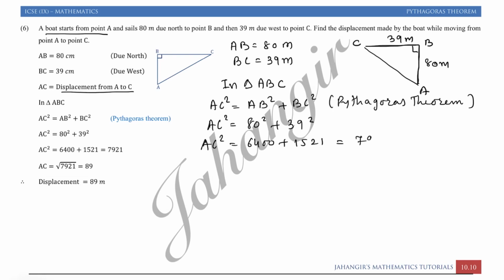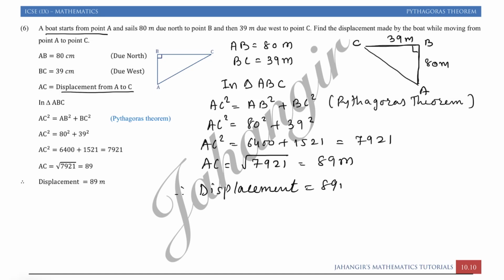Total is 7921. So therefore AC is equal to square root of 7921, which is 89 meter. So therefore this we can write displacement is equal to 89 meter.